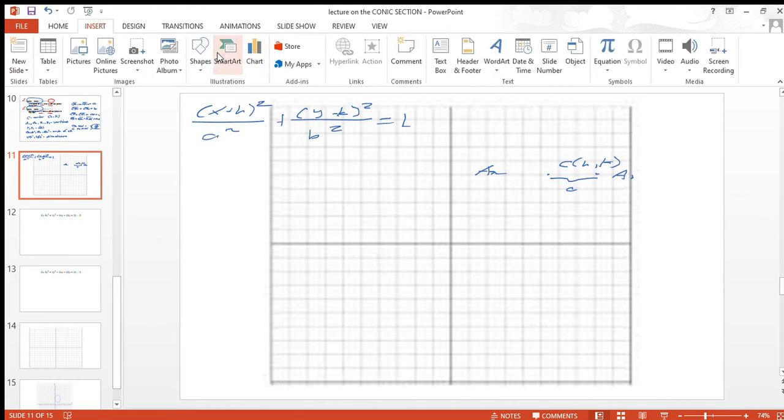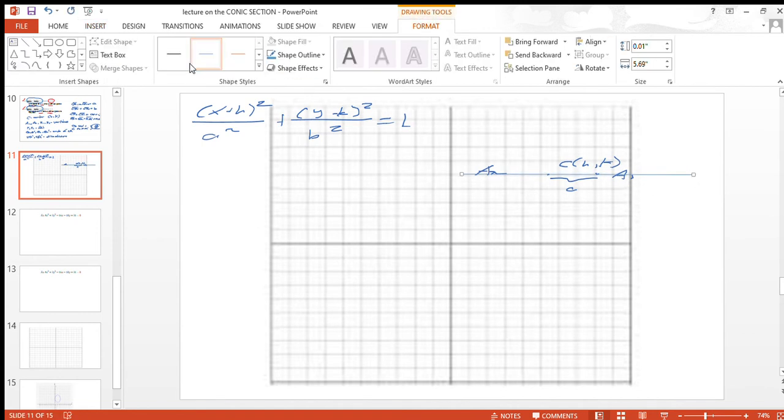Okay? So if we now connect A1 and A2 together, let's just draw that line. So that line will now be our line where we find our major axis A1, A2.